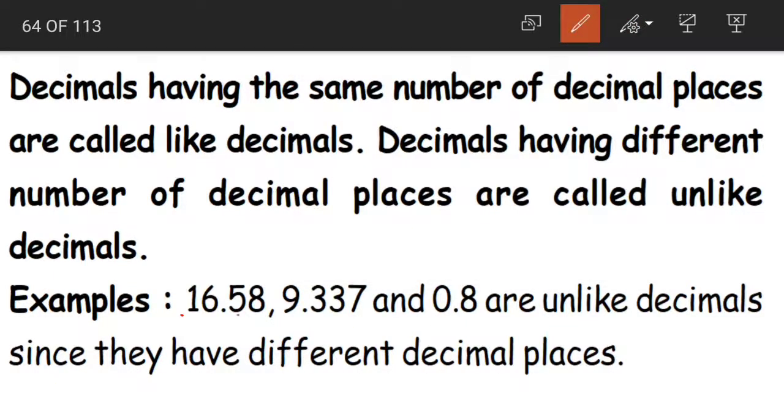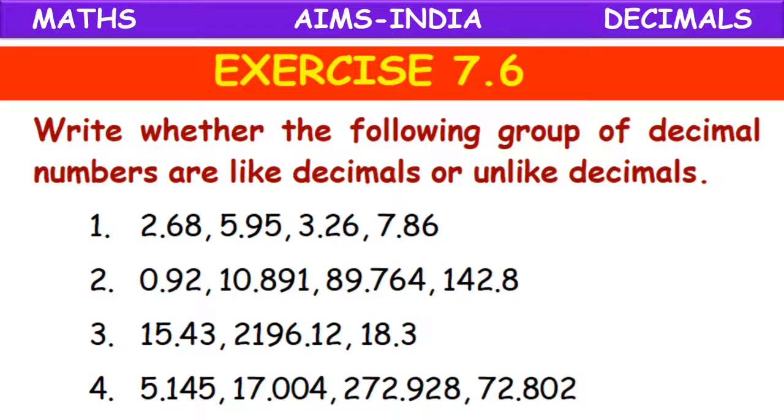Yes children, 16.58 has two decimal places, 9.337 has three decimal places, and 0.8 has only one decimal place. Now as the given three numbers have different decimal places, we call them unlike decimals.